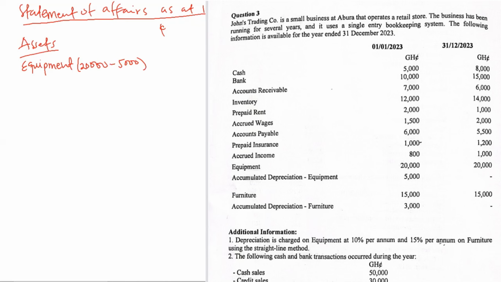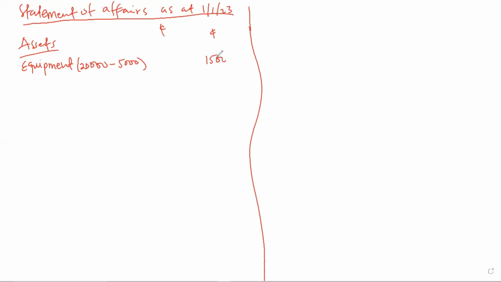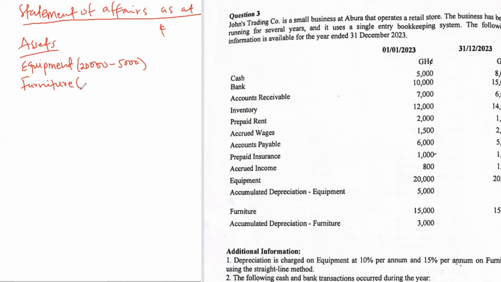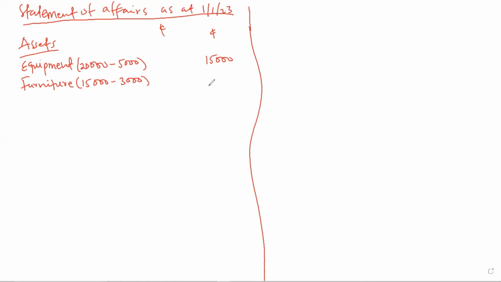When we do that, we get 15,000. Then we have furniture. With furniture too, there was accumulated depreciation as at 1st January 2023. So you also find the difference between the furniture value, which is 15,000, and the 3,000 accumulated depreciation as at that date. Then we have 12,000.